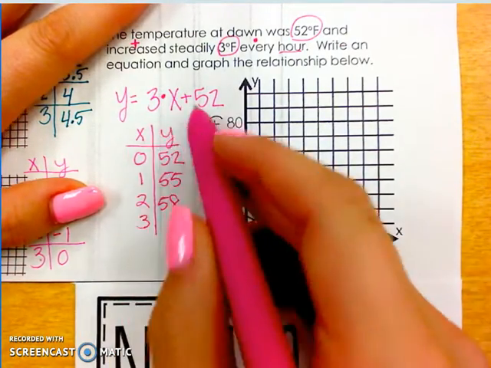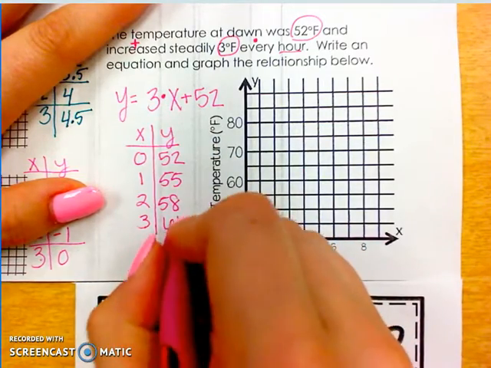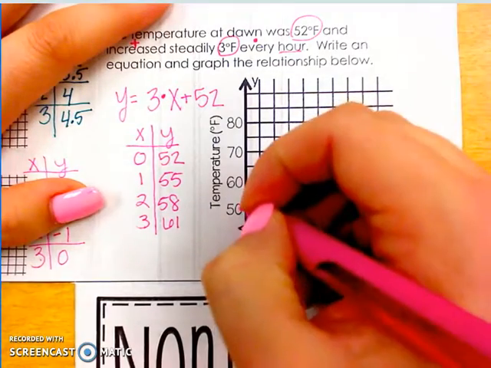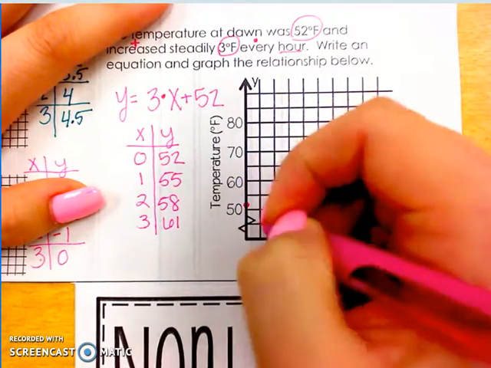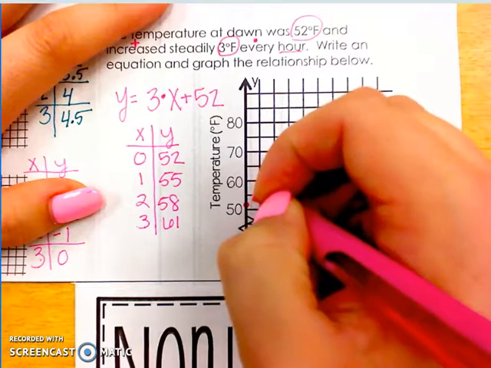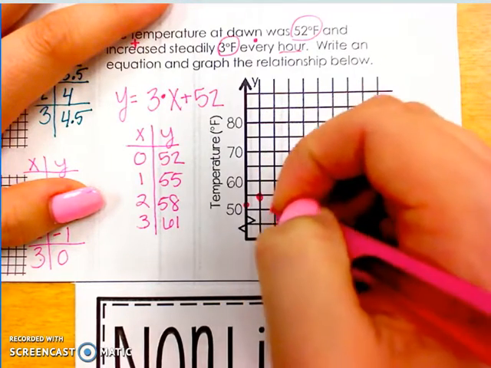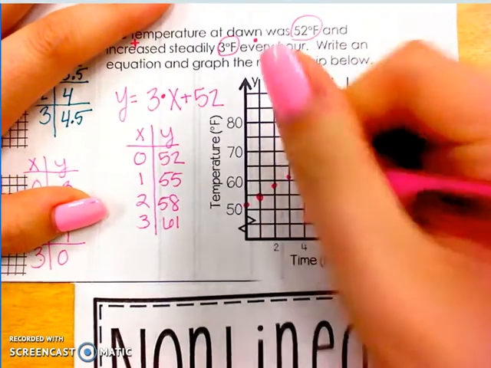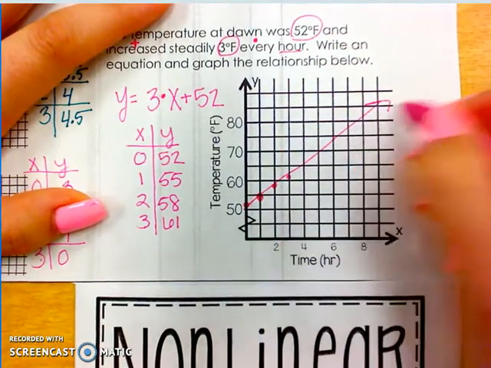And 3 times 3 plus 52 is 61. So I can just graph that here. Extend your graph.